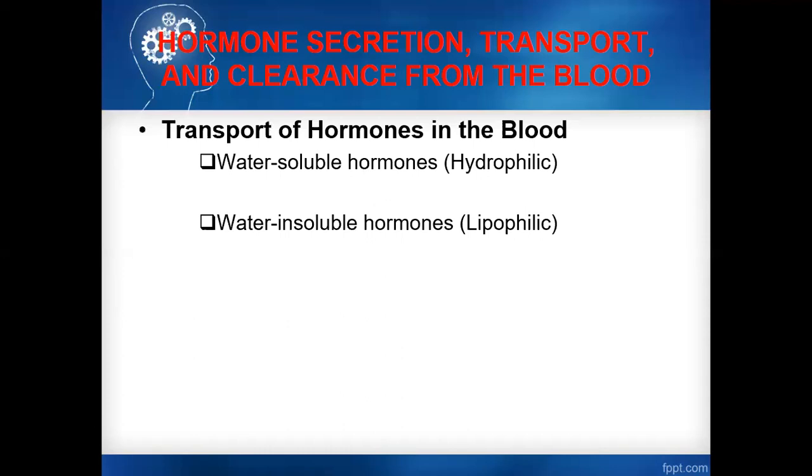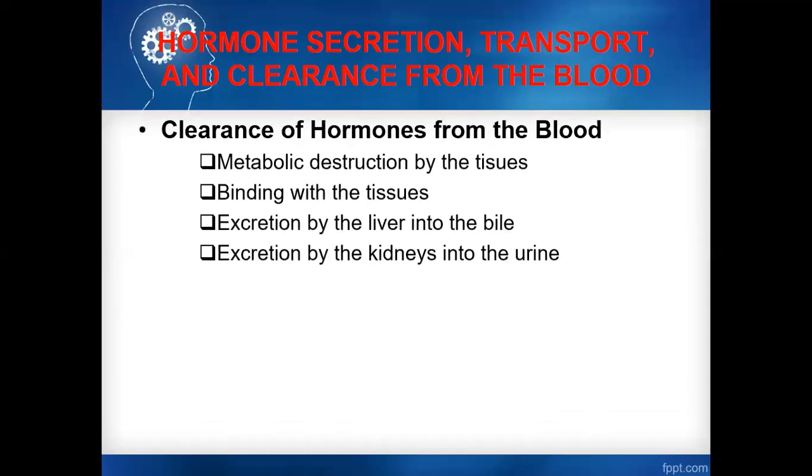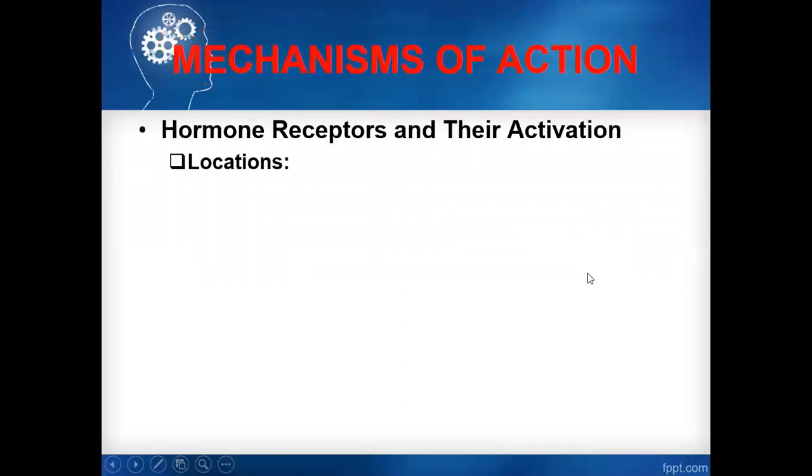Now, water-insoluble hormones, being lipophilic, are bound to transport proteins in the circulation. Hormones are cleared from the blood via metabolic destruction, via degradation of the hormone by the target tissue or by binding with the tissues, or by excretion in the liver through the bile or excretion in the urine.